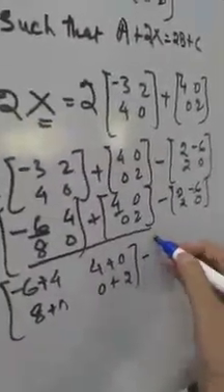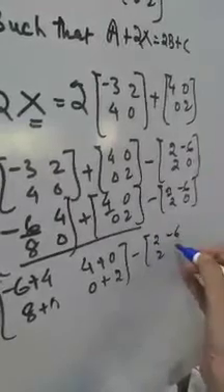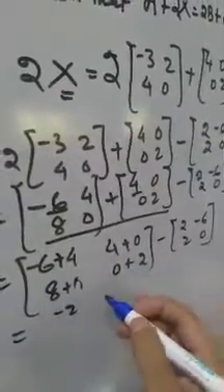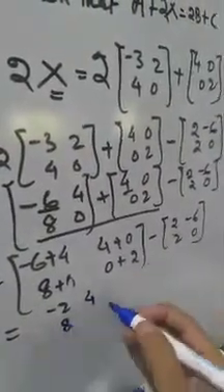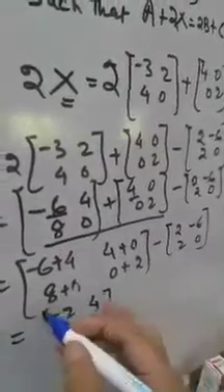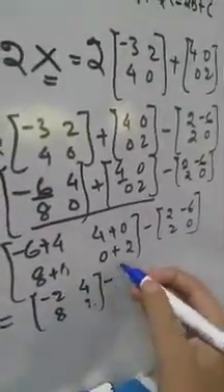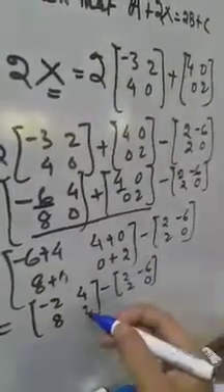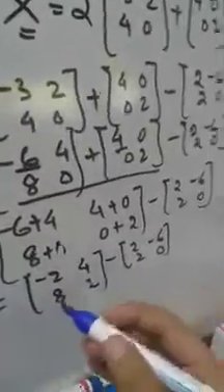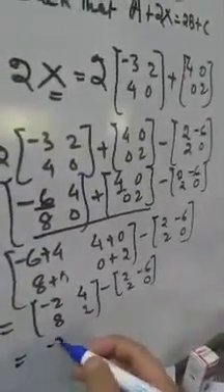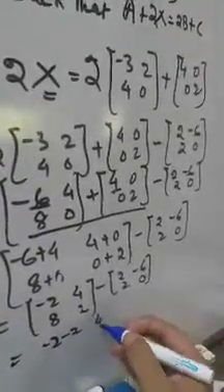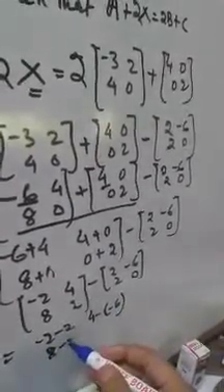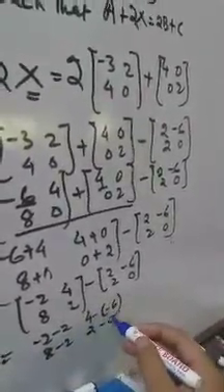So minus 6 plus 4 is minus 2, 4 plus 0 is 4, 8 plus 0 is 8, 0 plus 2 is 2. I have written it like this, then minus [2, -6; 2, 0]. Orders are the same, now you have to subtract these two: minus 2 minus 2, then 4 minus minus 6, I immediately put the bracket, then 8 minus 2, then 2 minus 0.